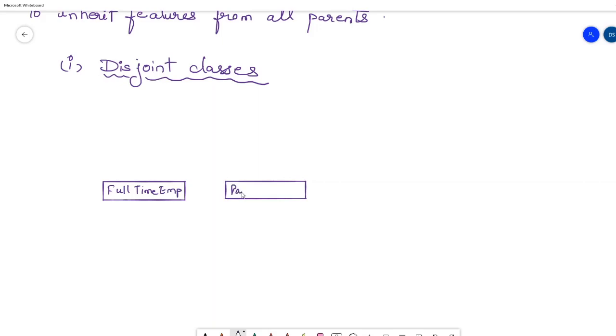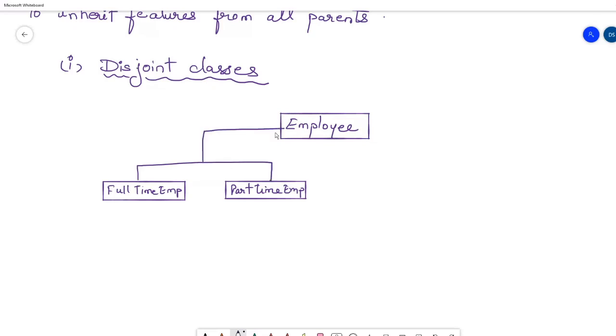These two classes are not related to each other, but they would be under a class called employee. We can say that these two classes are disjoint because they don't share anything, but at the end they belong to a class, that is employee.